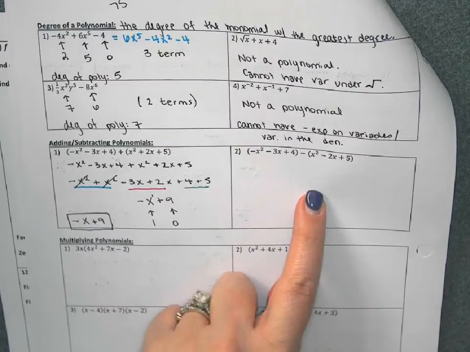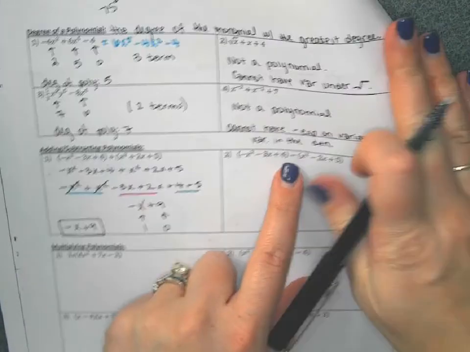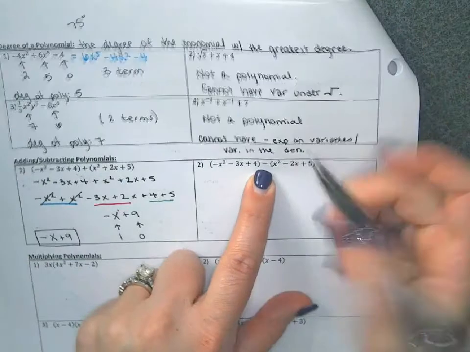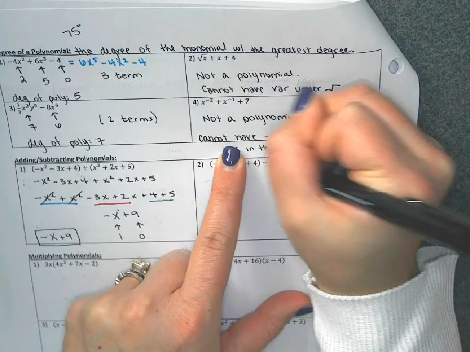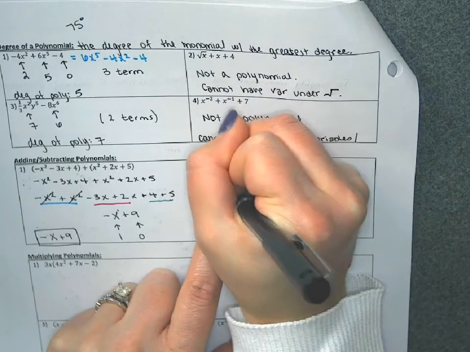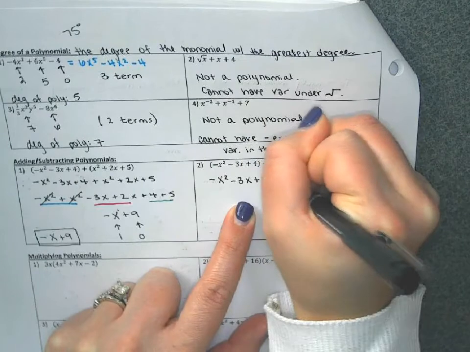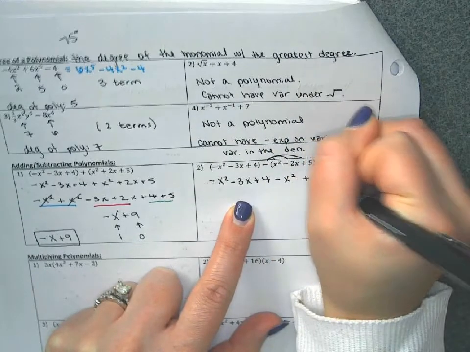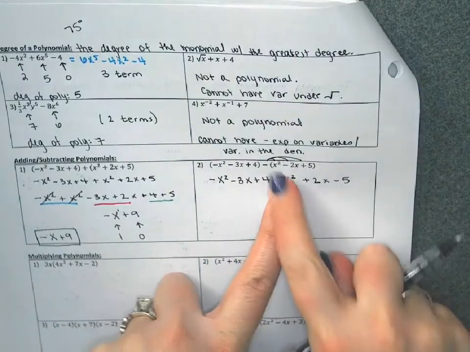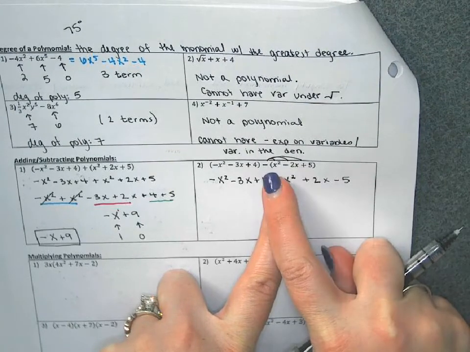When we subtract, we are not allowed to just drop the parentheses because the subtraction sign has to be distributed to all 3 of these terms. So we have negative x squared minus 3x plus 4 minus x squared plus 2x minus 5. All the terms in that second set of parentheses, because it was subtracted, have to change.